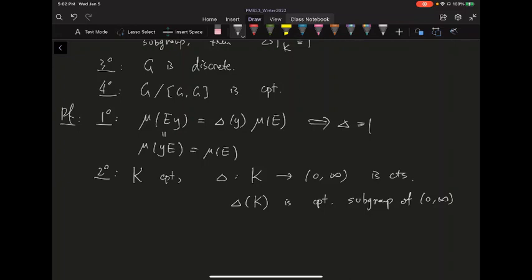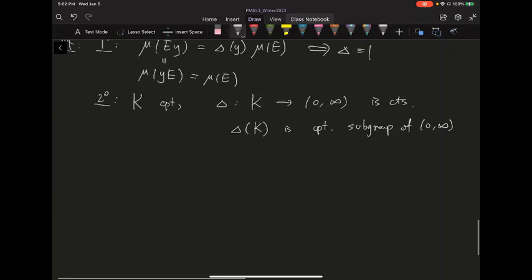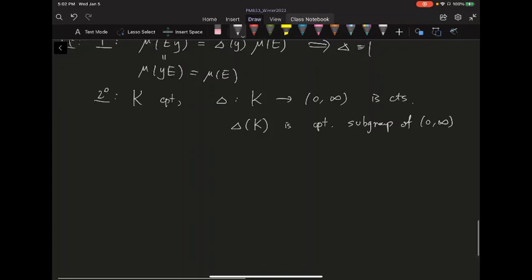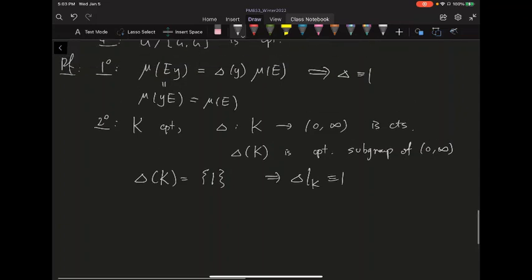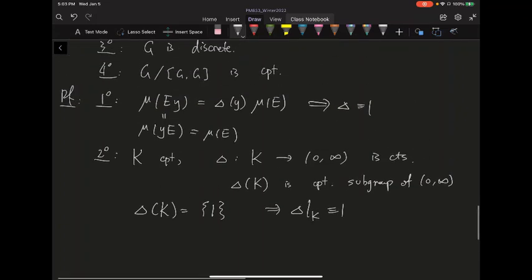So you never get a compact subgroup. The only compact subgroup of the multiplicative reals is just the identity, or constant 1. In other words, delta restricted to K is equal to 1. And of course, when G itself is compact, this is also equal to 1.